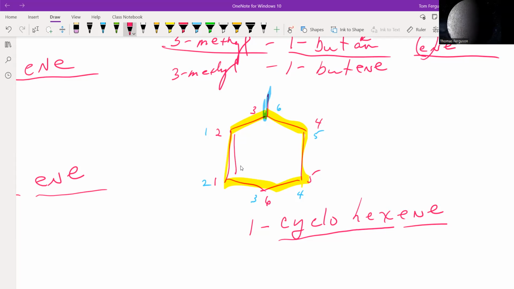So you don't have to worry about, well, do I include it this time or is it optional? Just do it. I'm not going to mark it wrong if you don't have it there. So carbon number 3 is where the branch is. So that's 3-methyl-1-cyclohexene.